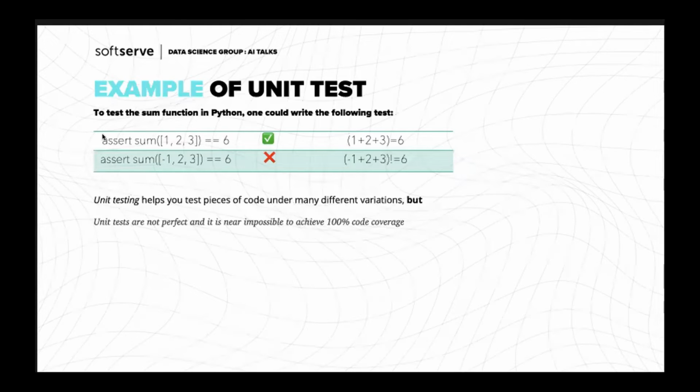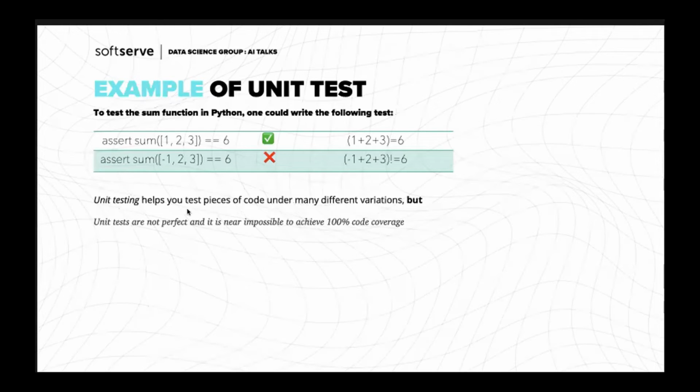In the first line, we can see a green label because 1 plus 2 plus 3 equals 6, it's correct. After the double equals mark, we set the expected value. And the second line has -1 plus 2 plus 3, and it doesn't equal 6. That's why the label is red, the test will fail.